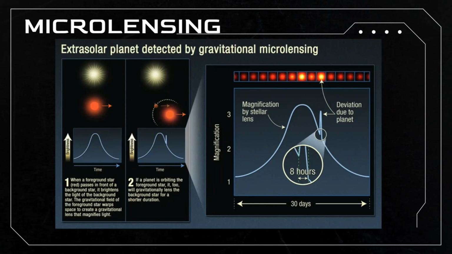And if there's a planet orbiting that foreground star, there can be an additional lensing effect from the planet passing in front. This isn't a super common detection method, but it has been done.